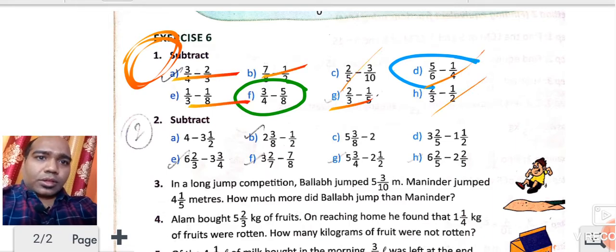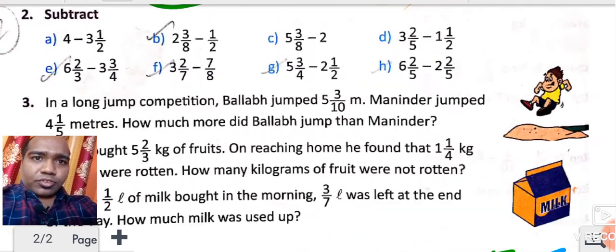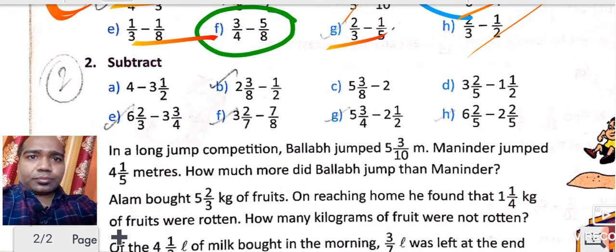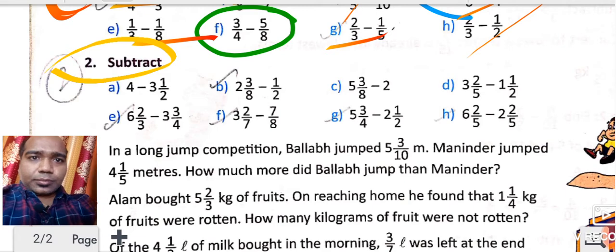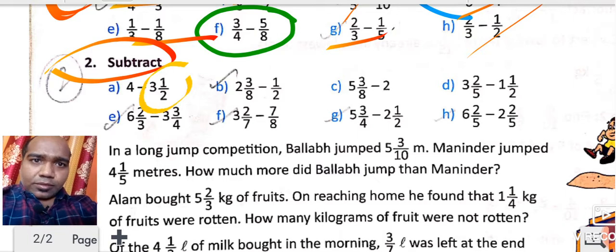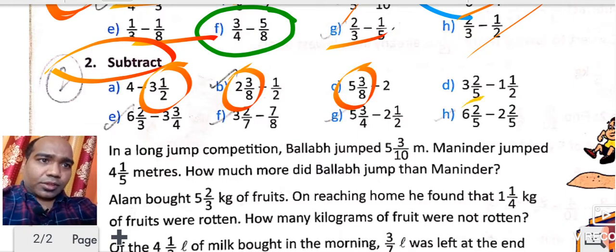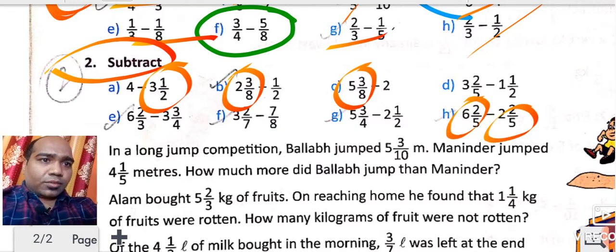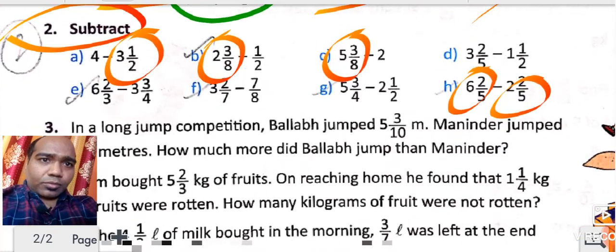Okay, now come to question number 2. Now you can see in one fraction it is a mixed fraction. Can you see here? Mixed fractions are there. So it's the same, first of all, what we have to do?